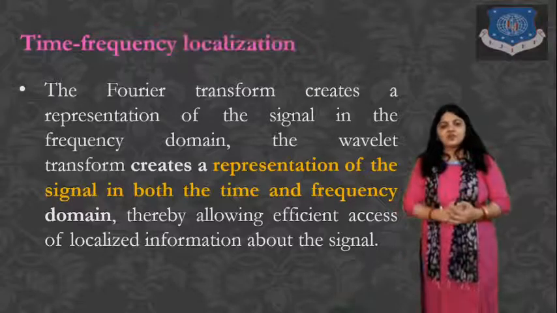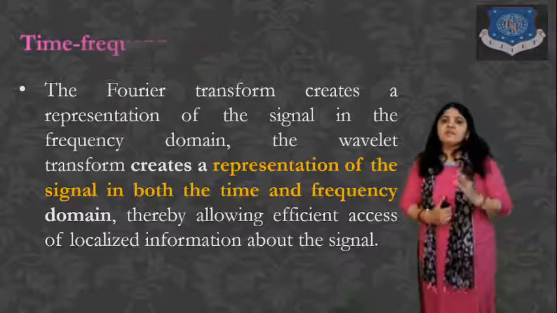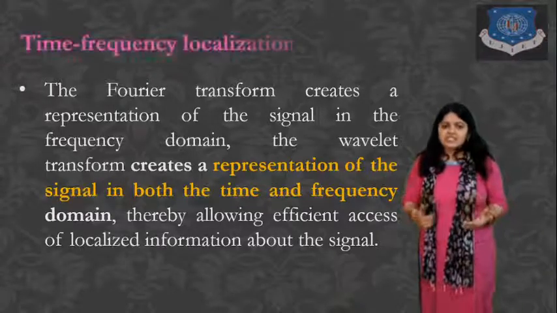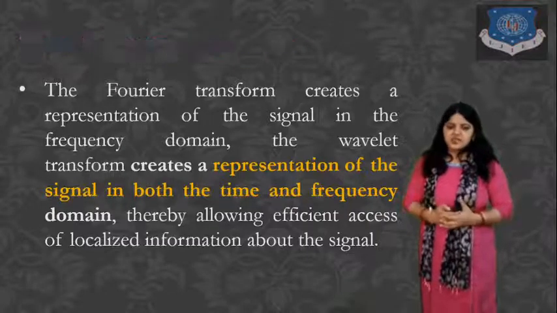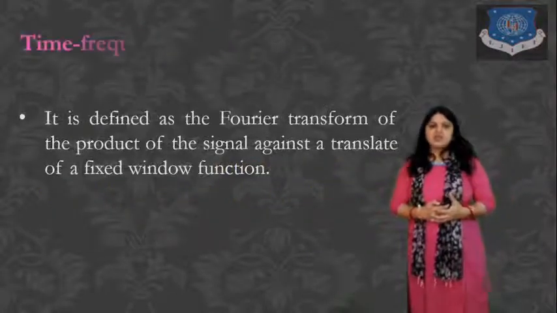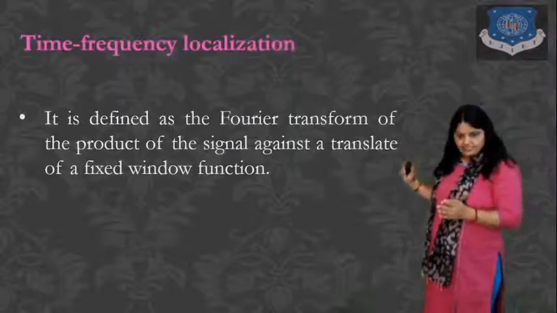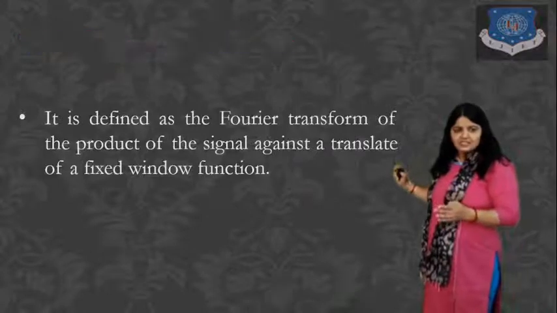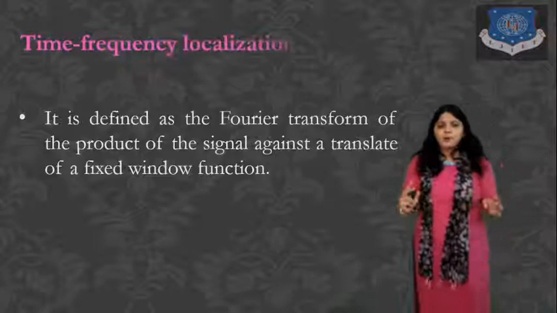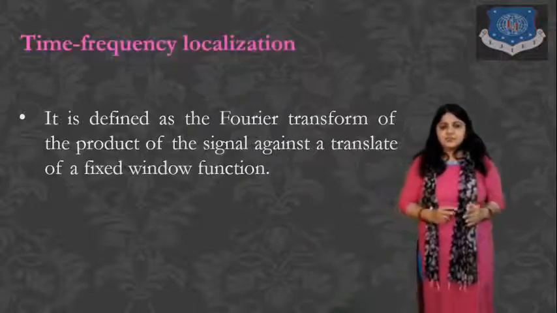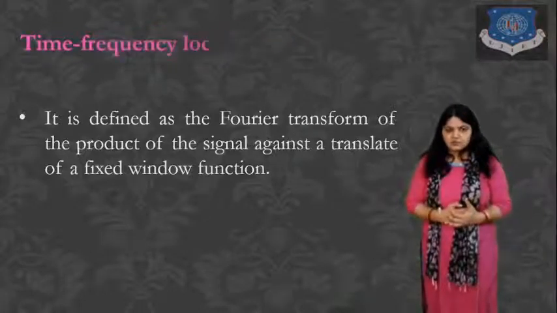A wavelet transform creates a representation of the signal in both time and frequency domain, by allowing efficient access to localized information about the signal, and this is the time frequency localization, which is defined as the Fourier transform of the product of the signal against a translate of a fixed window function.